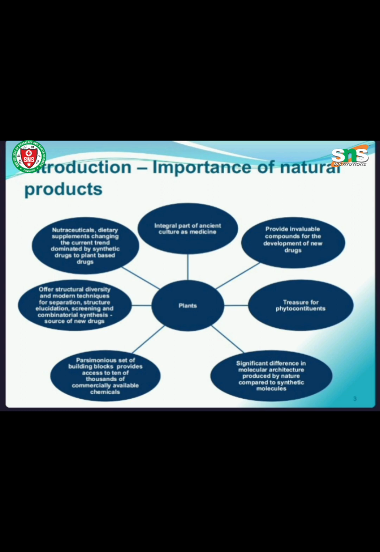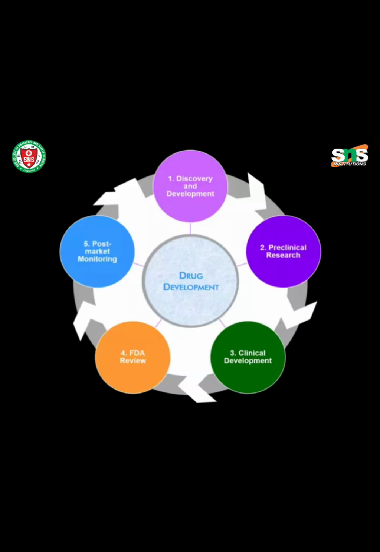both internally and externally. Why we need to concentrate on the importance of plants is that they have carbon-hydrogen fragments which we cannot imagine. They have a significant molecular architecture which we cannot imagine from any chemistry laboratory. So nature is a combinatorial chemist from which we can get many drugs.